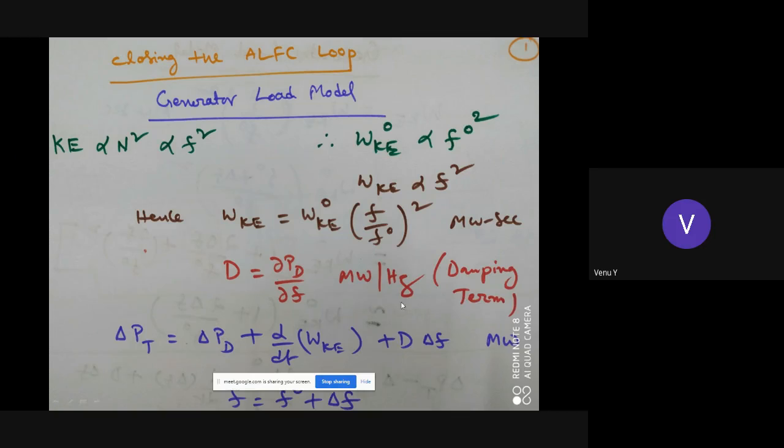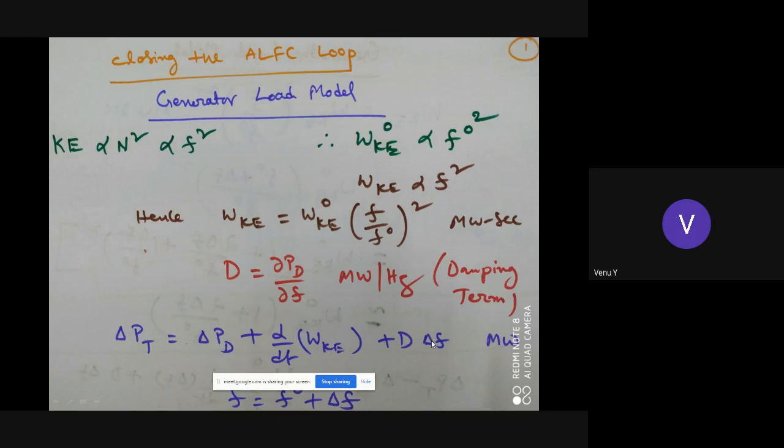And the damping term D is defined as dou PD by dou f, with the unit megawatts per hertz. Therefore, delta PT, the change in turbine power, equals delta PD, the change in power demand, plus dWke by dt, the change in kinetic energy in the rotating parts, plus the damping term D into delta f.